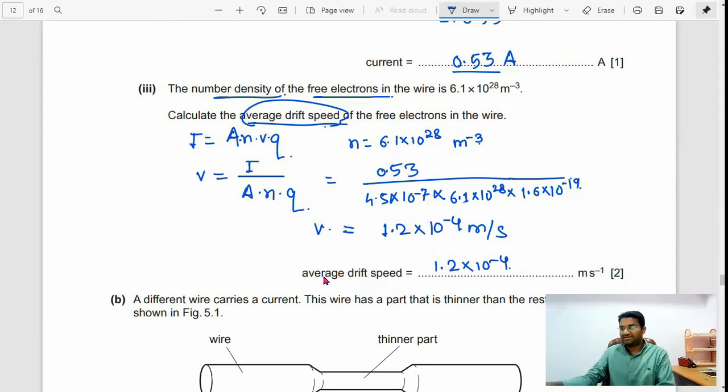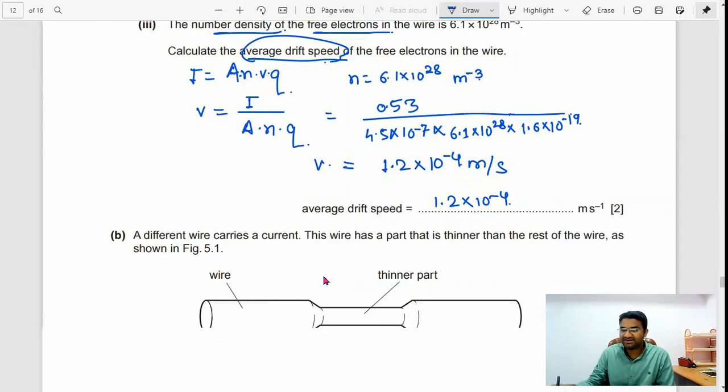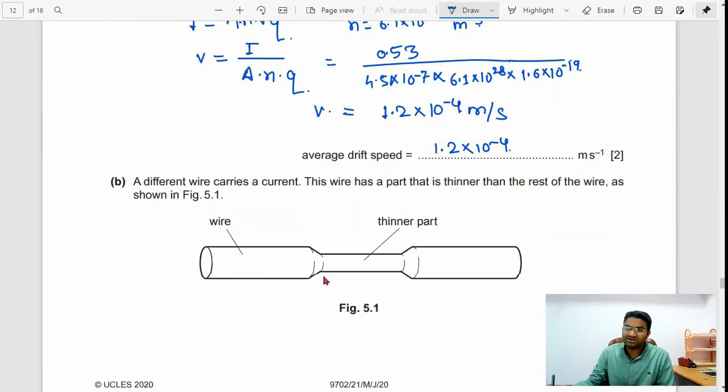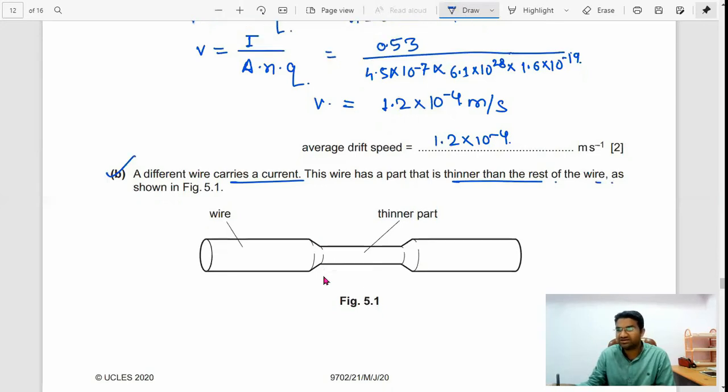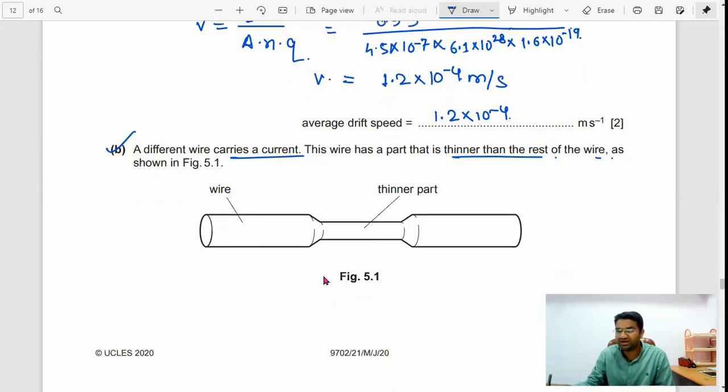Yes. Then next, look at this B part. A different wire carries the current. A wire has a part that is thinner than the rest of the wire, as shown in the figure. Look at this one: wire, thinner part, and again wire, right? So this is just a part of a wire.